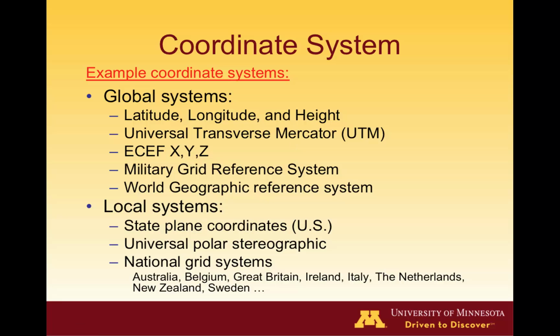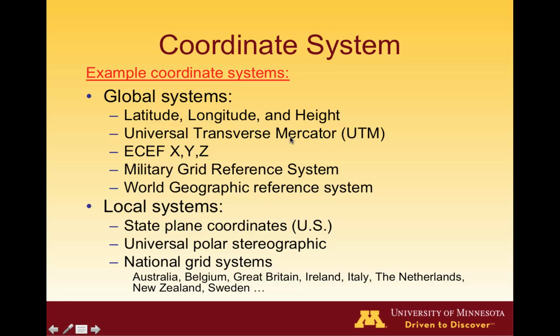So next we are going to talk about coordinate systems. Some example coordinate systems are global systems and local systems. In global systems, the most common coordinate system we use every day is the latitude, longitude, and height system. Another well-known and widely used system is the Universal Transverse Mercator.